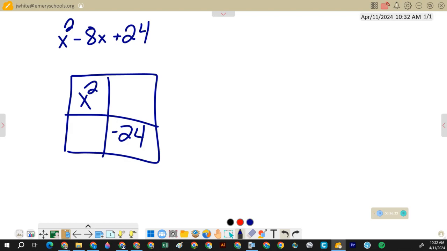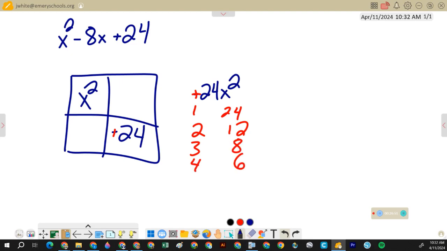And then I multiply those together. And I get negative 24x squared. And then I write down all the factor pairs for 24. It is positive 24. Thank you. Negative 24 will not work. So 1 and 24, 2 and 12, 3 and 8, 4 and 6, and 5 doesn't work.